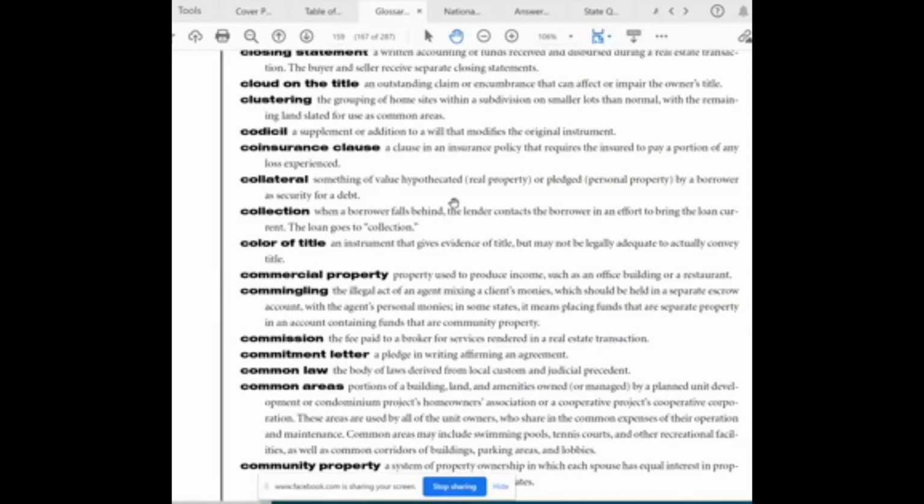Collection. When a borrower falls behind, the lender contacts the borrower in an effort to bring the loan current. The loan goes to a collection company, and those collection companies will be very persistent and they can go on for years. If they are credit card companies, they cannot go after your home. Property taxes, mortgages, deed of trust, they can go after your home.